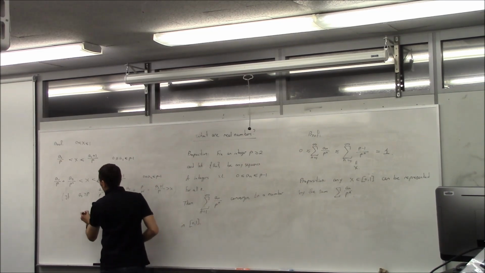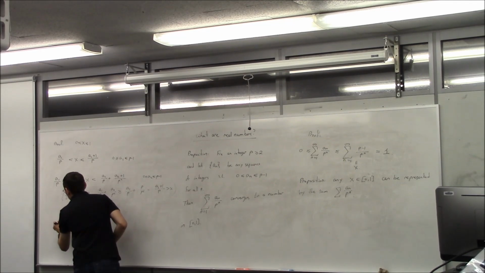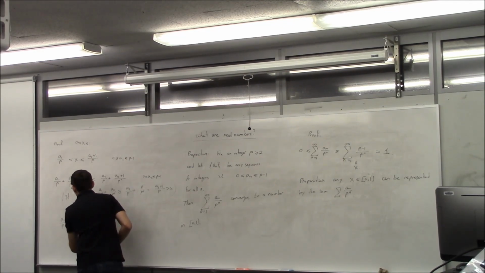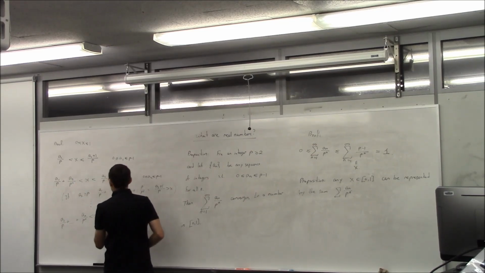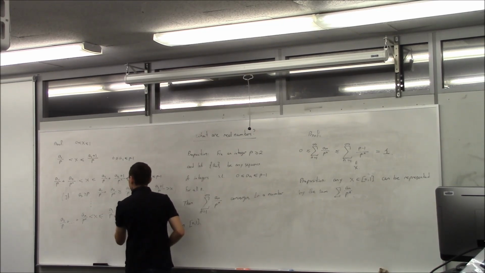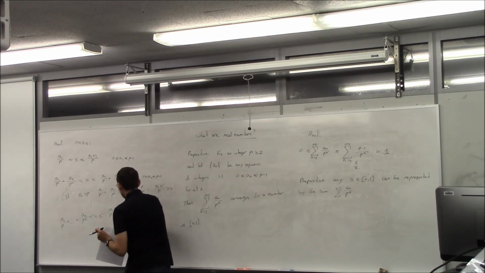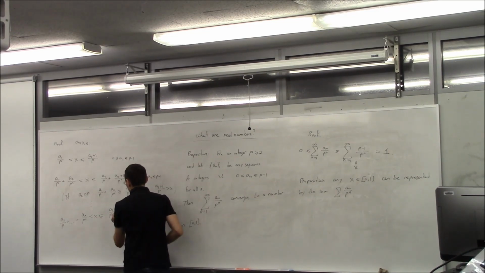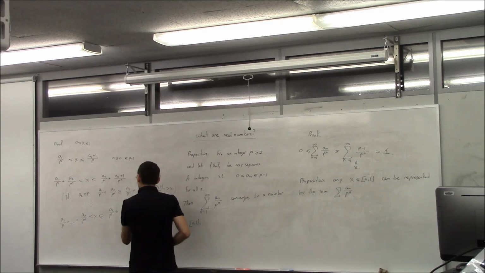Continuing in this way, you eventually arrive at a1 over p plus an over p to the n less than x, and x is less than or equal to a1 over p plus all the way to an plus 1 over p to the n.